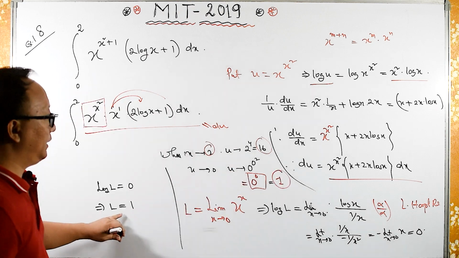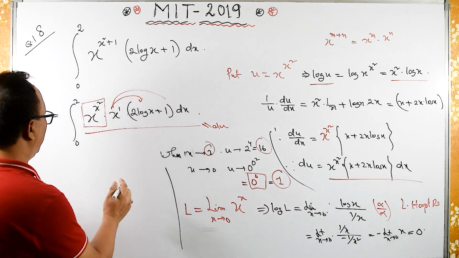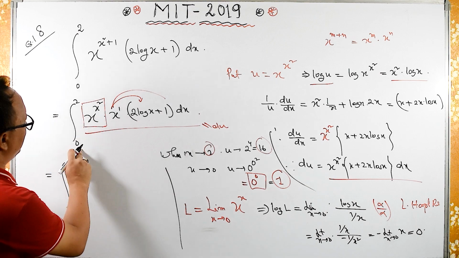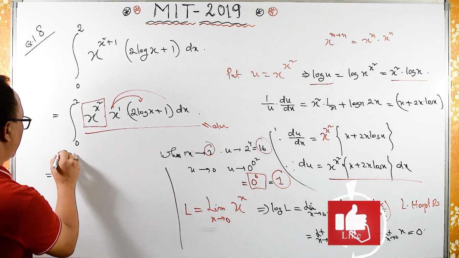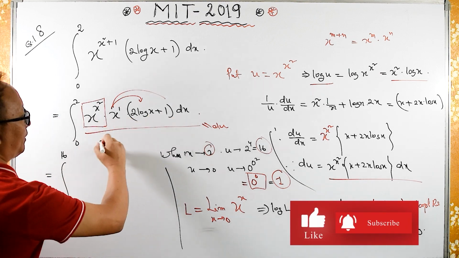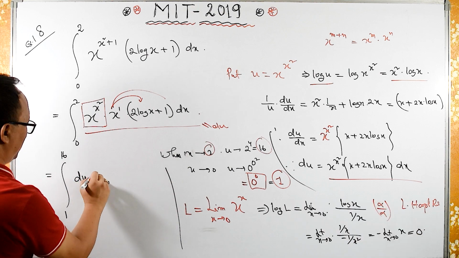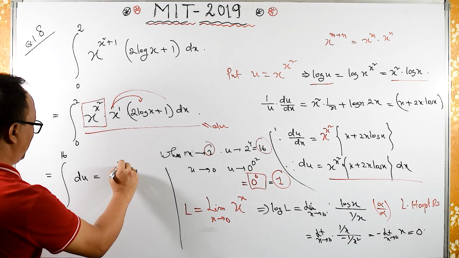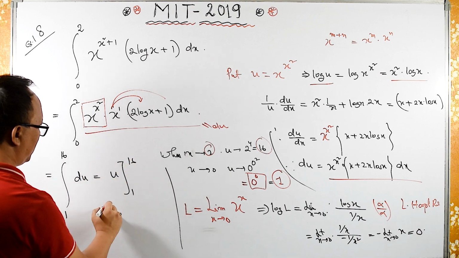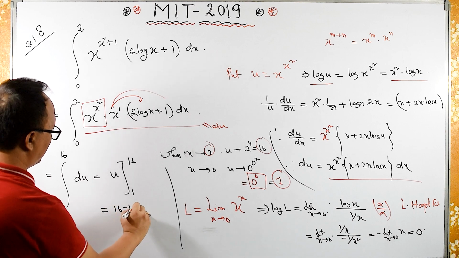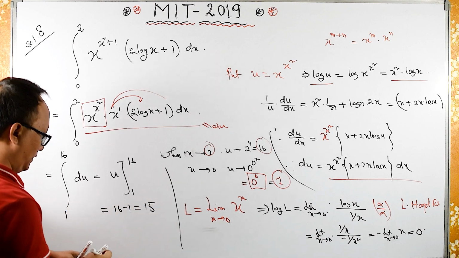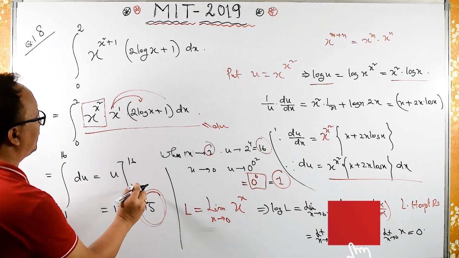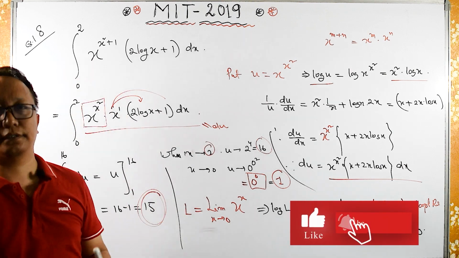Therefore, in this case this becomes 1. So let's substitute over here. The limit becomes from 1 to 16, and the whole of this is my du, so integral of du equals u from 1 to 16, which is 16 minus 1 equals 15. So this is the required answer.